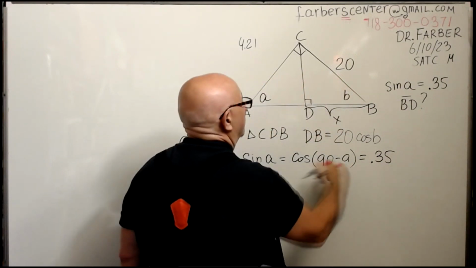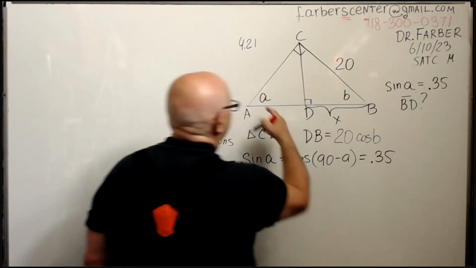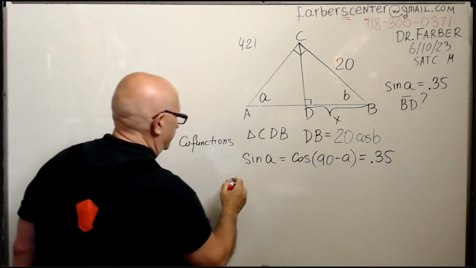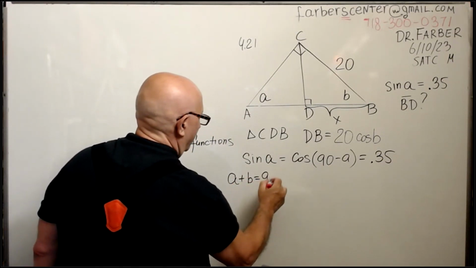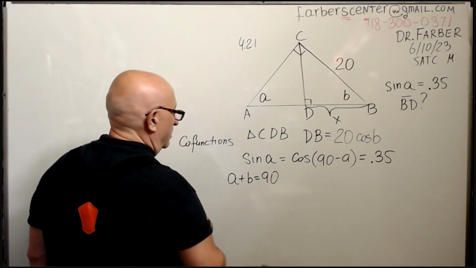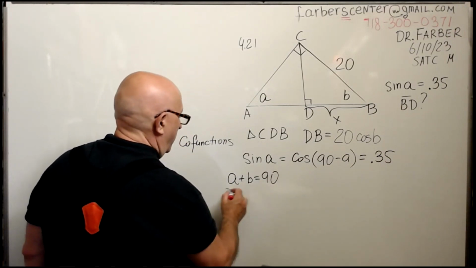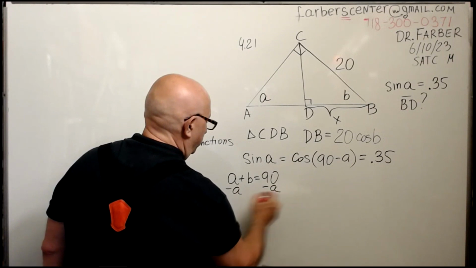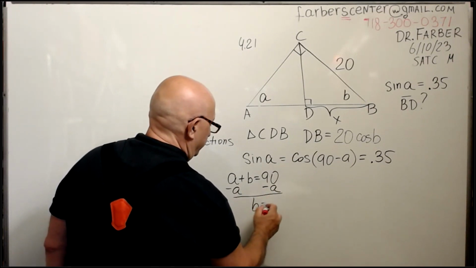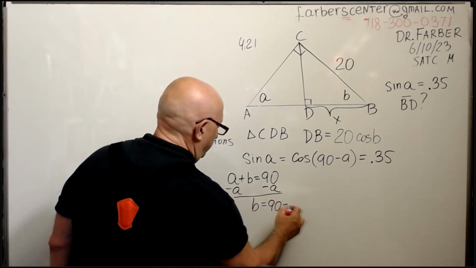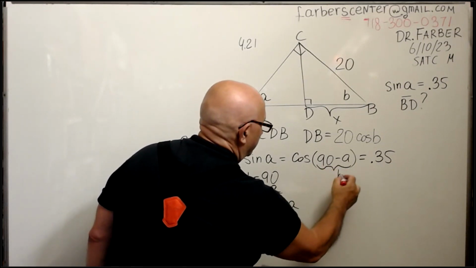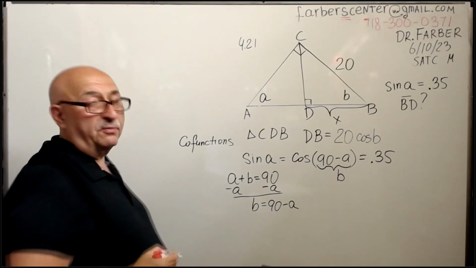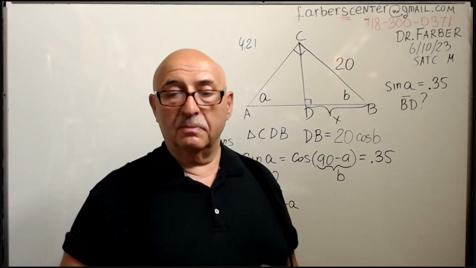But what is 90 minus A? Look at this. A plus B equals 90. Minus A, B is 90 minus A. Beautiful. We get this cosine of B equals 0.35 because it's a cofunction.